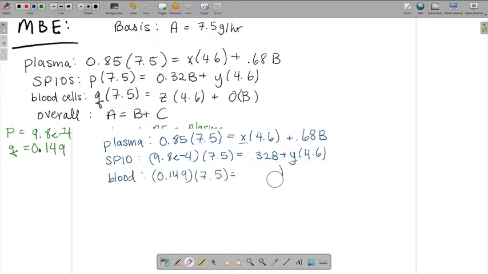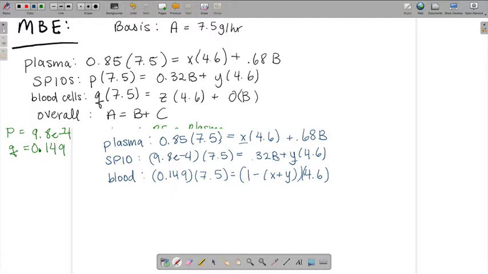So 1 minus x plus y times 4.6, which is our blood equation in a changed form.